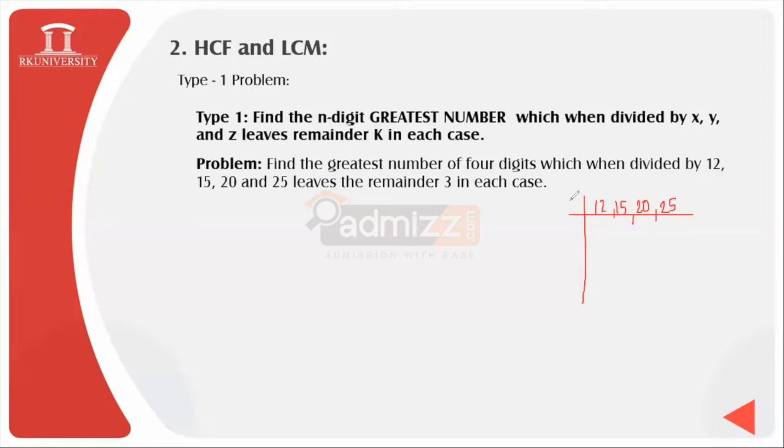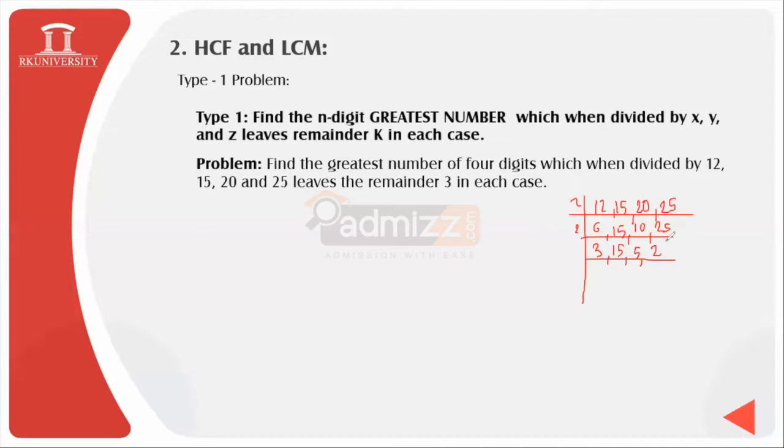So 2 into 6, that is 12. 15 will remain as it is since it is not divisible by 2. Now 2 into 10, that is 20, and over here 25 will remain as it is. Students, you can also simplify along with me. You can have your notebook and pen just beside you and try simplifying this.